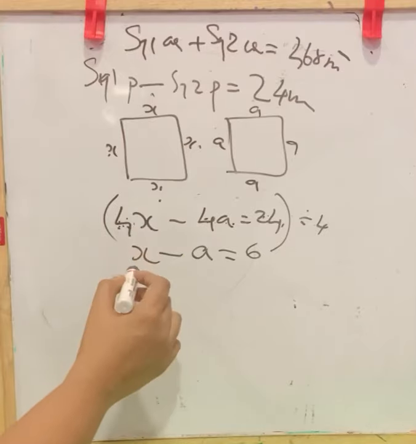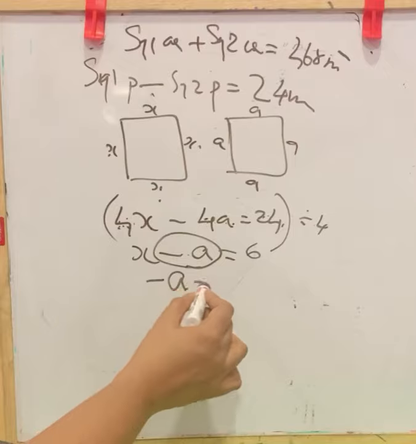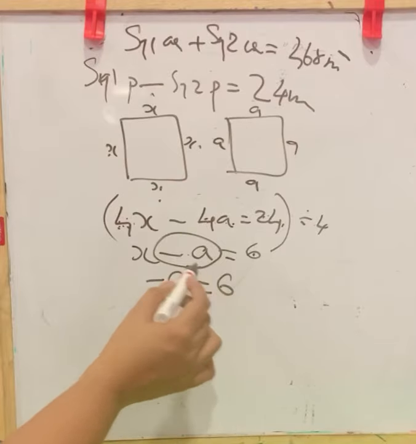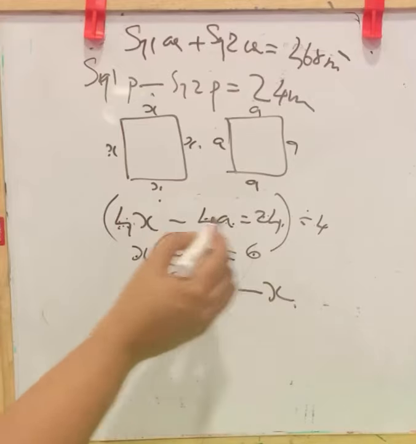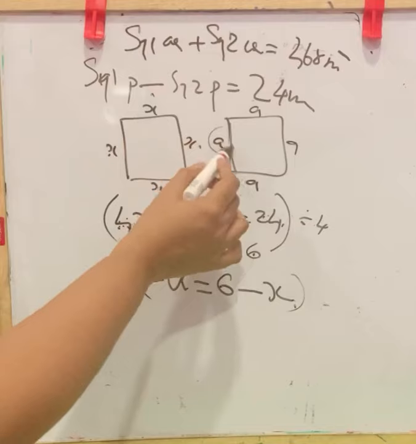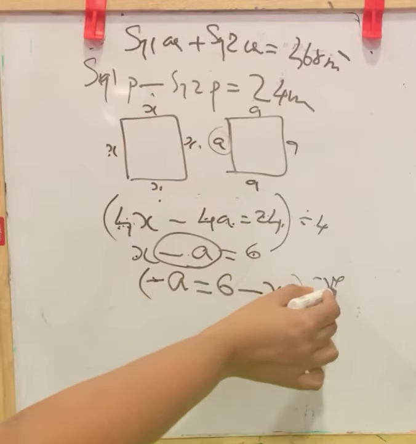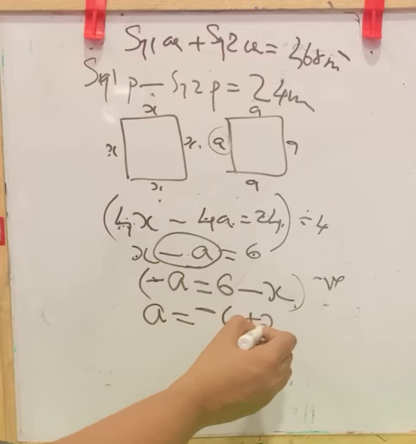Now from this we can arrange the value for this. That is negative a equal to 6, take this x to the RHS, it becomes negative x. Now we don't want negative a, we need a positive side. So we multiply with a negative, that is a is equal to minus 6 plus x.